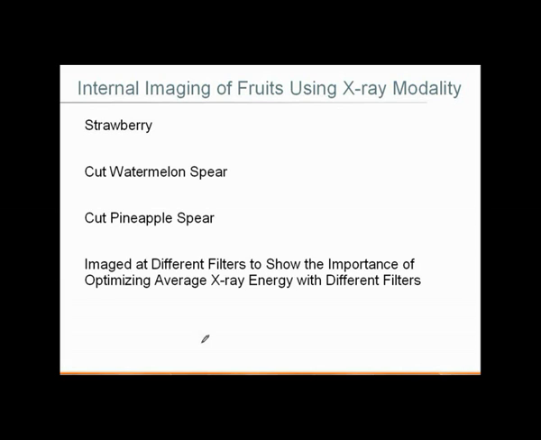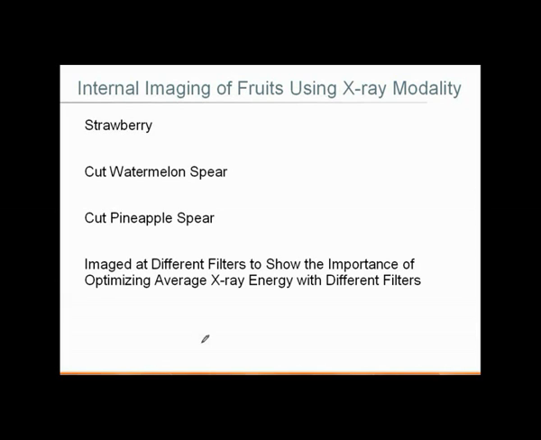You can also look inside of various fruits for looking at fruit quality, and I want to show you this as an example, mostly to highlight another nice feature of the X-ray on this system, which is the ability to use different energies of X-rays to contrast different hard and soft tissue structures.